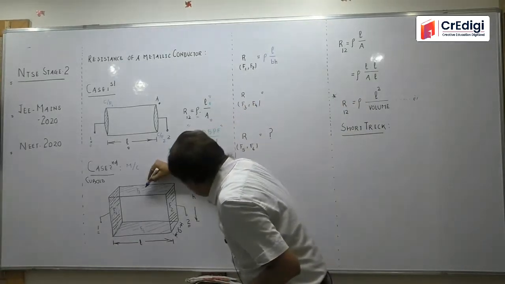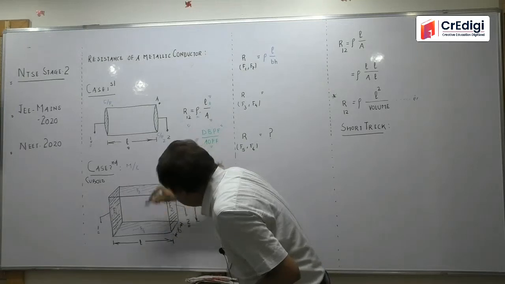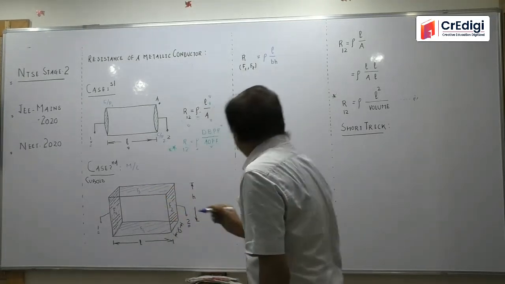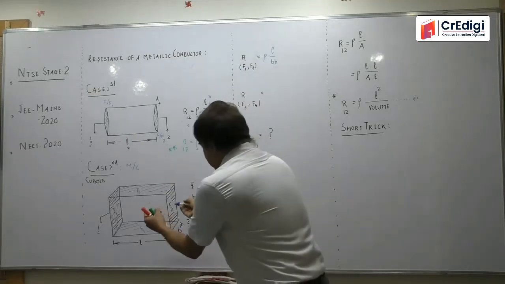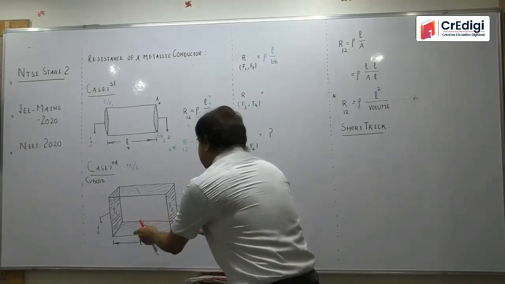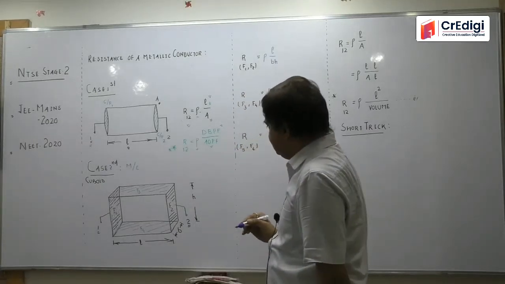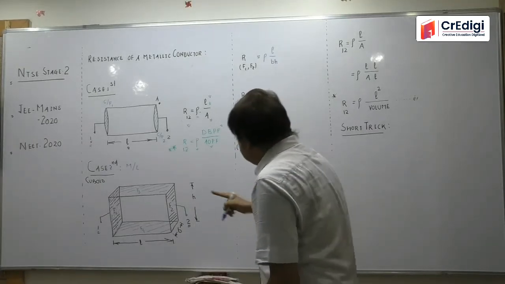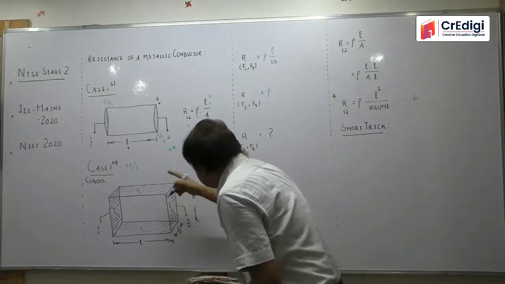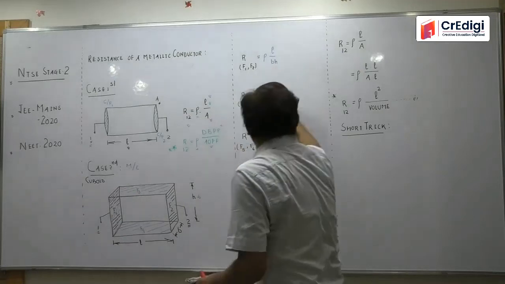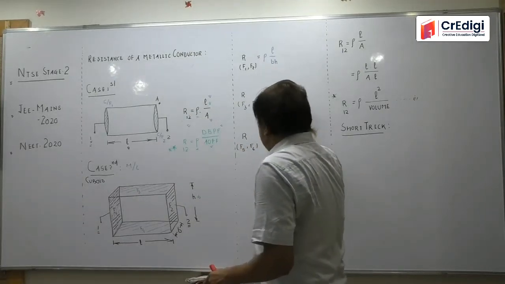Suppose I want to go for F3 and F4, top and bottom, because neither the material is changing nor the temperature is changing, so rho is constant. Length means the distance between these two parallel faces, F3 and F4, so you can say it will be H divided by what?